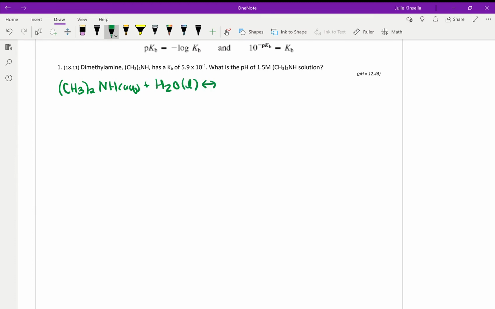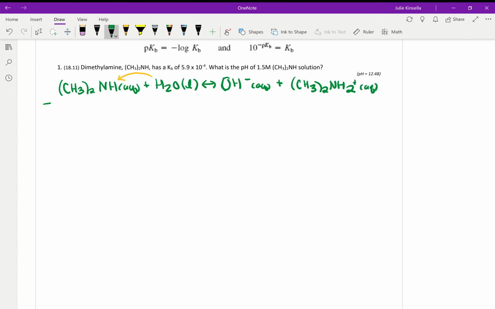Okay, and again, it's going to be acting as a base, so the movement of the protons is going from water to our weak base, which then is going to produce hydroxide and our cation, which is going to be the conjugate acid of our weak base.